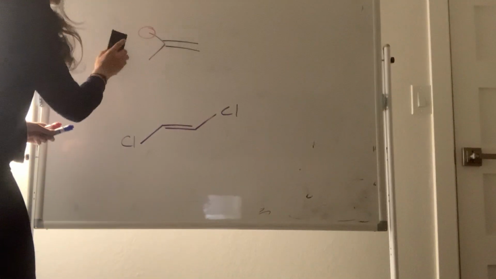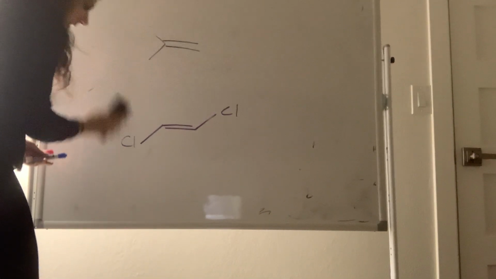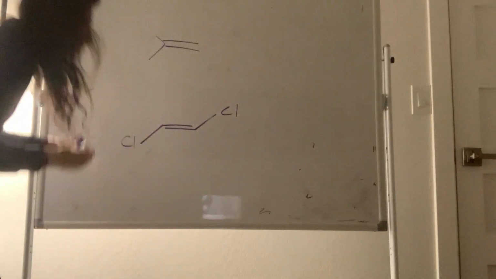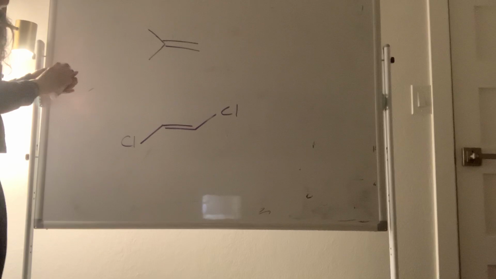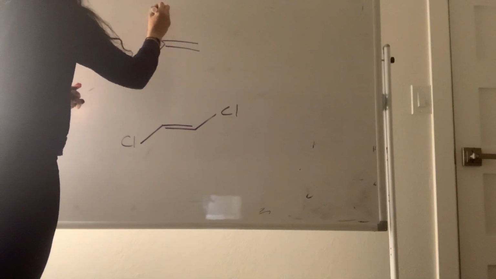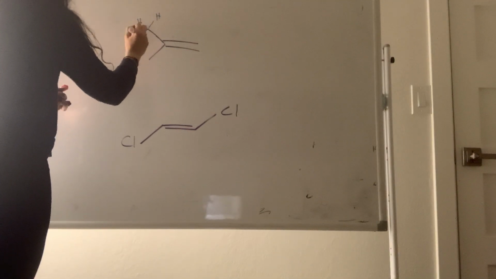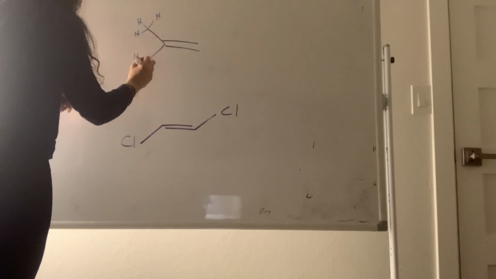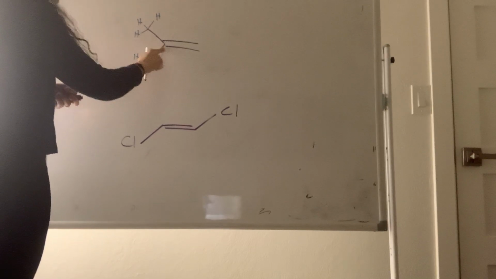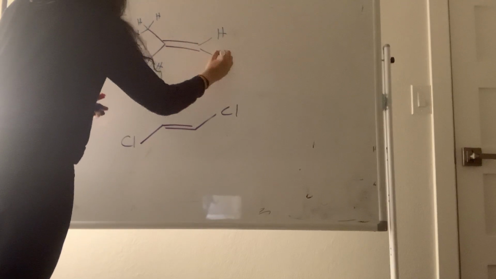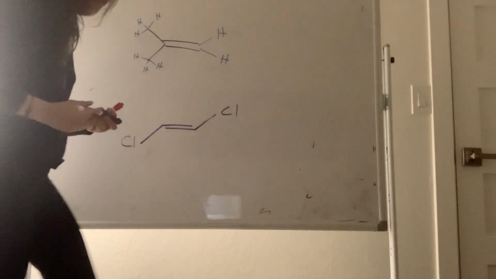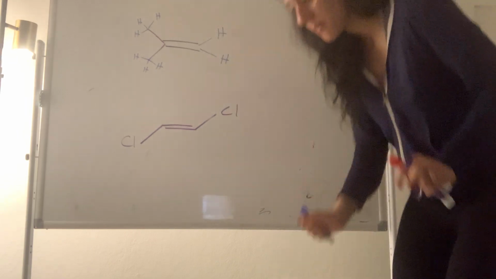I'm going to follow my own advice and draw out all the hydrogens, okay? I'm going to draw all the hydrogens. So I have 3 hydrogens here. I have 3 hydrogens here. Nothing there. Don't forget, carbon only has 4 bonds. I have a hydrogen here, and I have a hydrogen here. So far, so good? Okay.